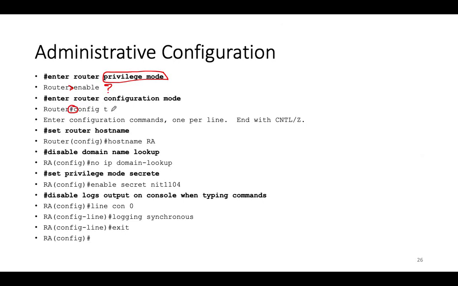You type config t over here. It's going to take you to, for example, when you see the hash, then you type, for example, router, the host name.